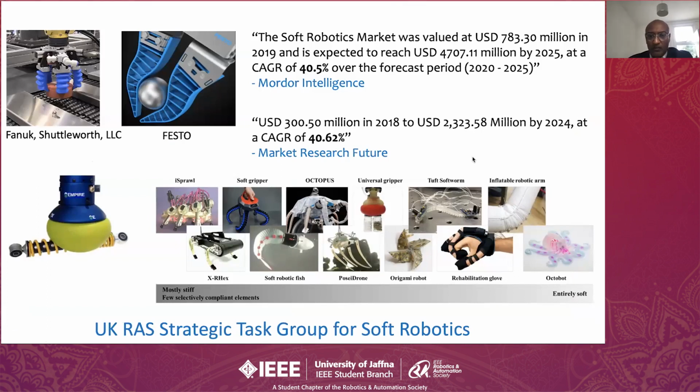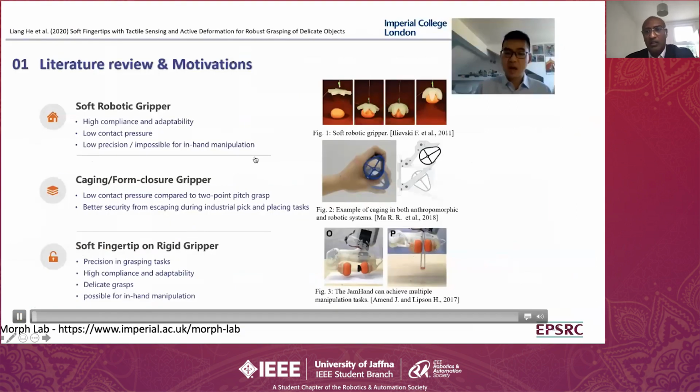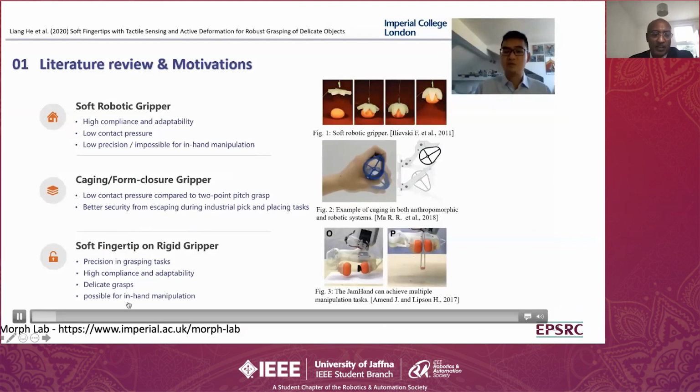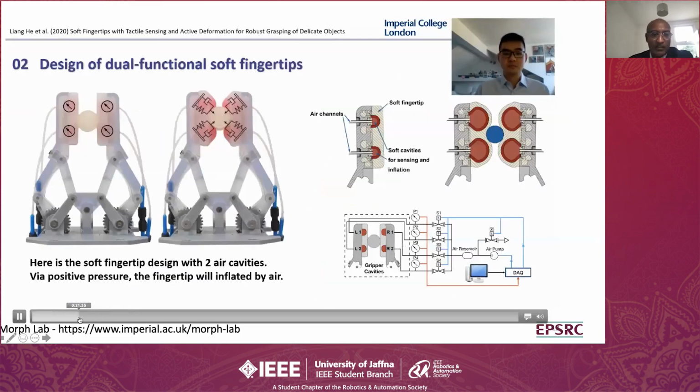So in my lab, we mostly work on this kind of soft robots for soft object grasping. In this work, Liang He, one of my PhD students who graduated recently, developed these fingertips.